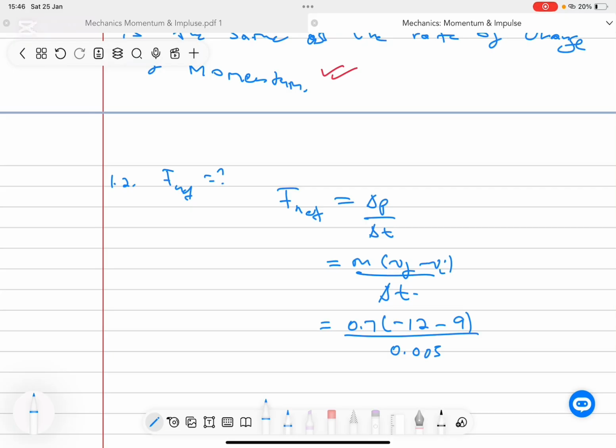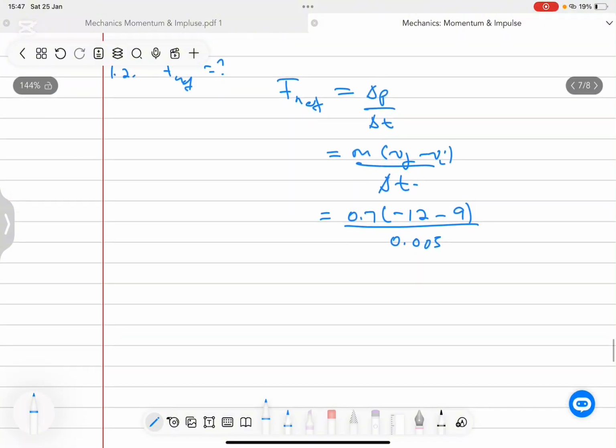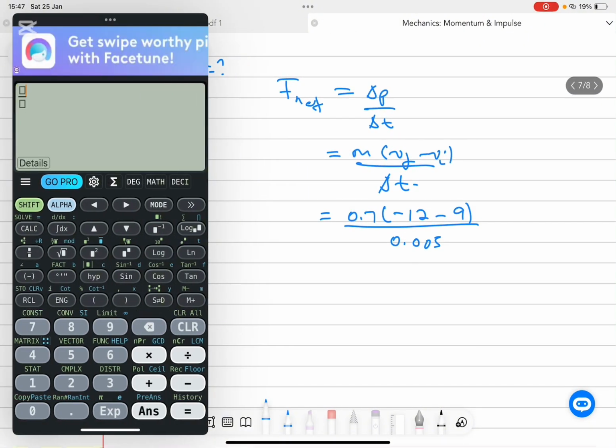At this stage, this question becomes very boring because you just use your calculator to get the final answer. Now I'm going to pull out my calculator to punch all this in, so that I have 0.7 multiplied by negative 12 minus negative 9, and here I have a 0.005.